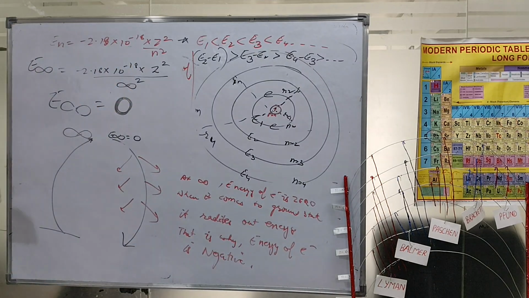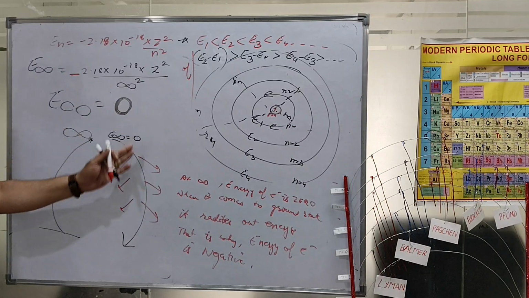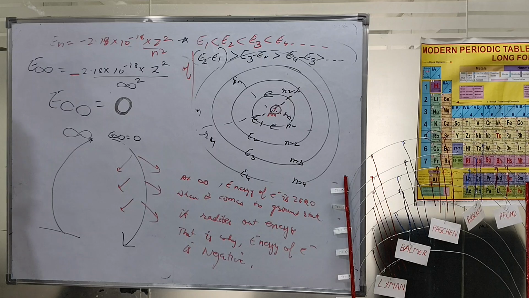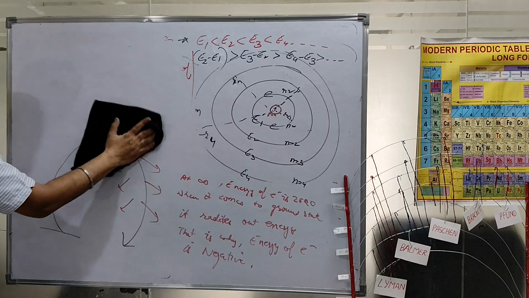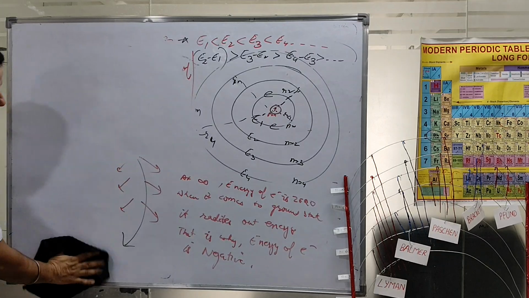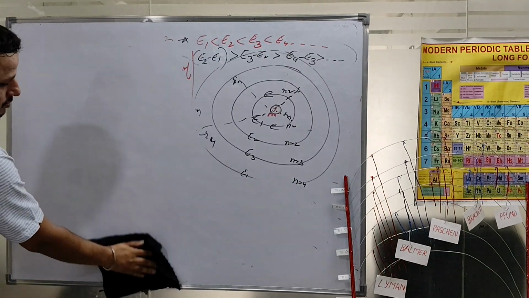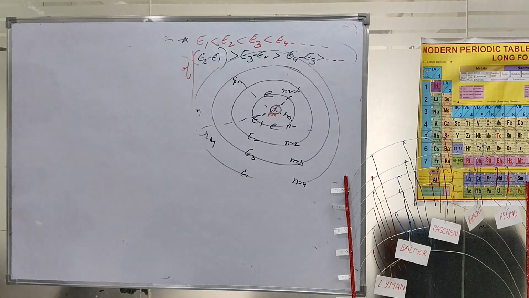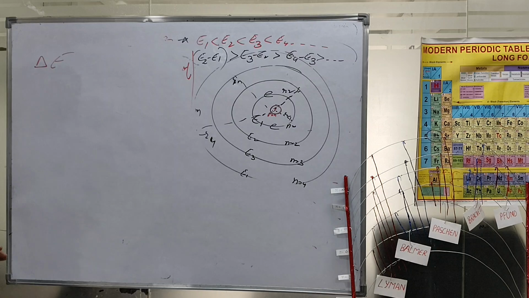This is the reason why there is a negative sign in the formula of energy. The one last concept on energy is the difference between the two energy levels, En1 and En2.